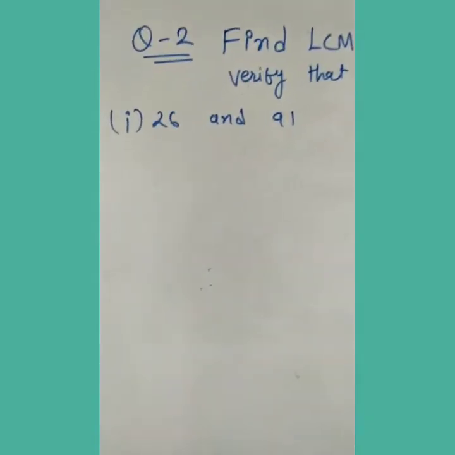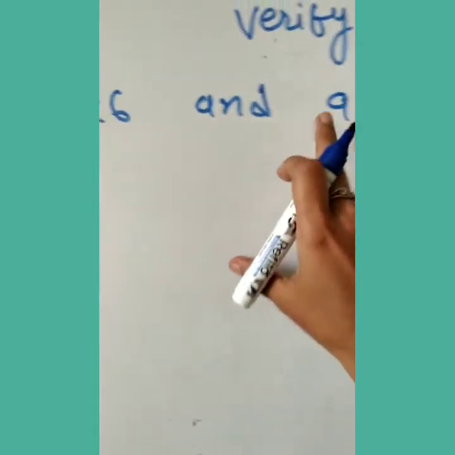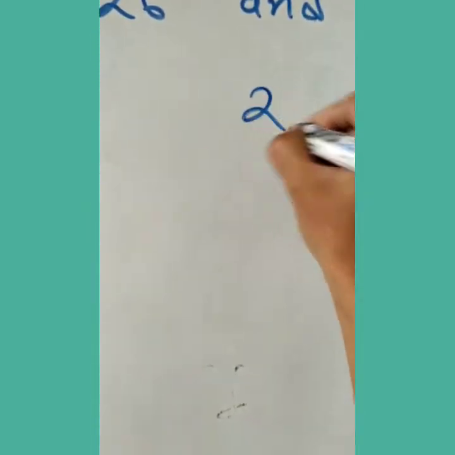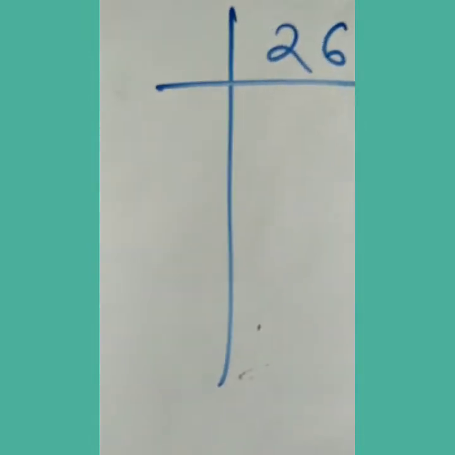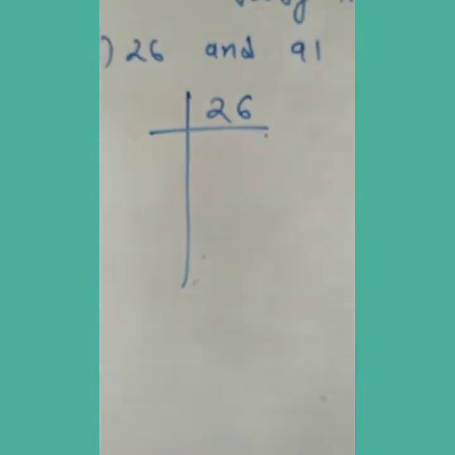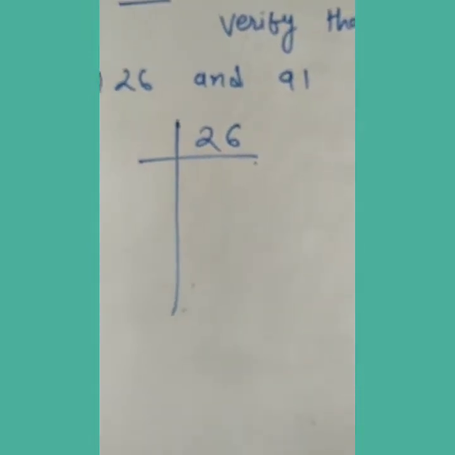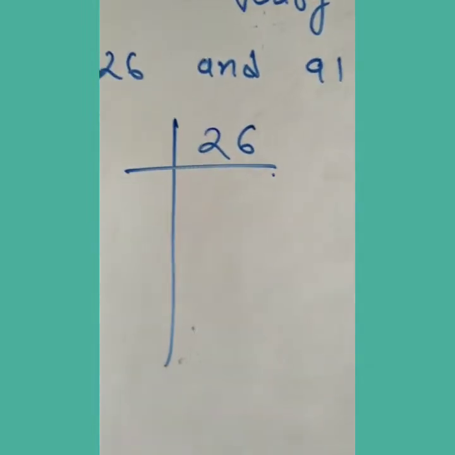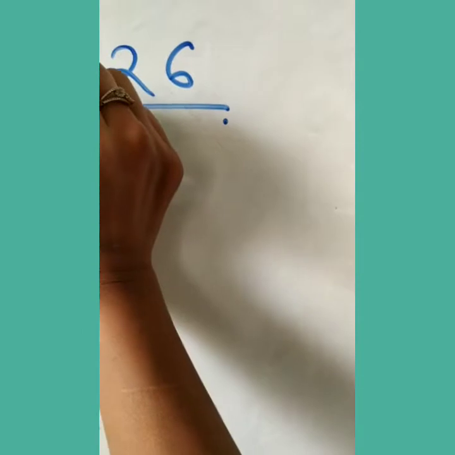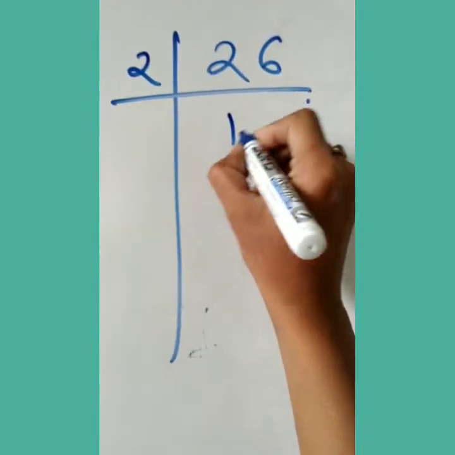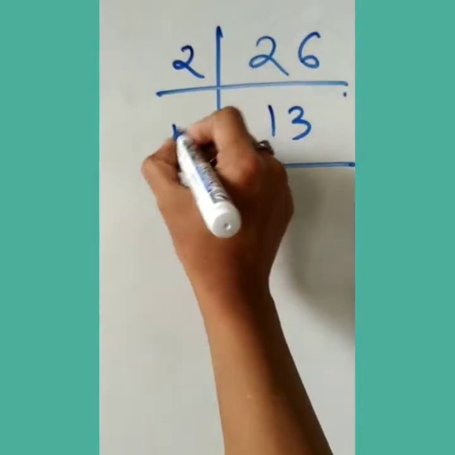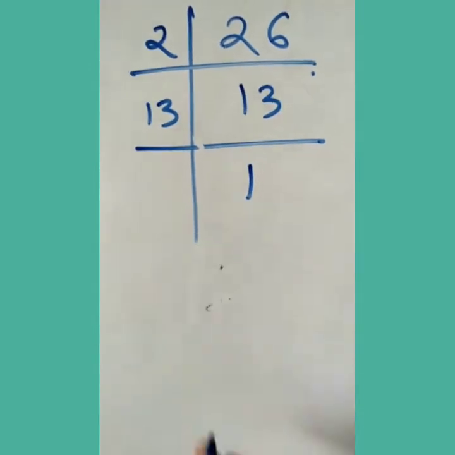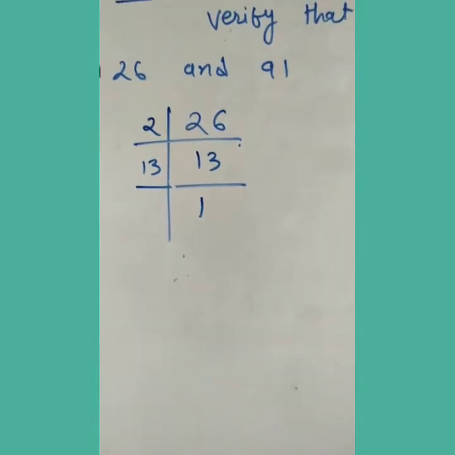For that process, first we have to see both the numbers and find the prime factorization of the particular numbers. As you can see, our number is 26. So here we will prime factorize it: 13 twos are 26 and 13 ones are 13, so we got the prime factors of 26.